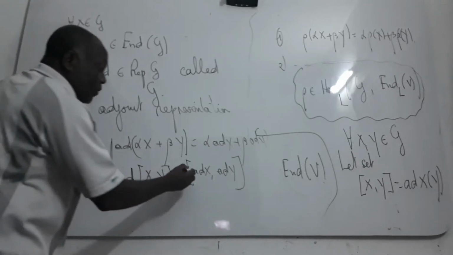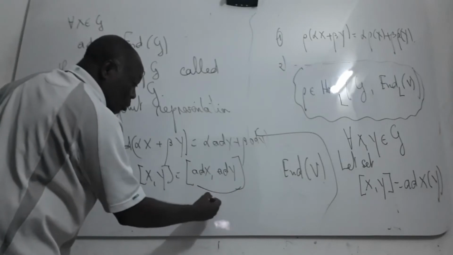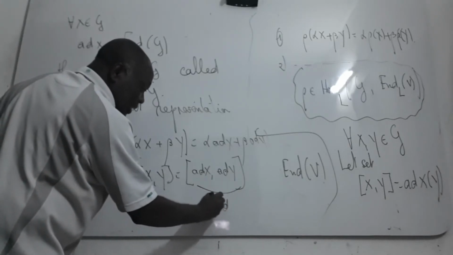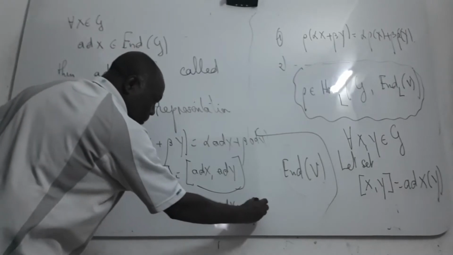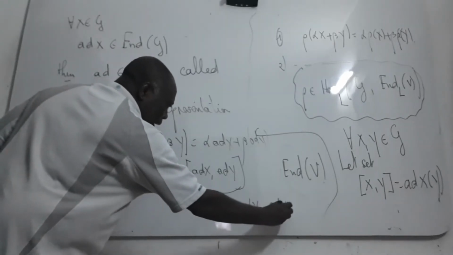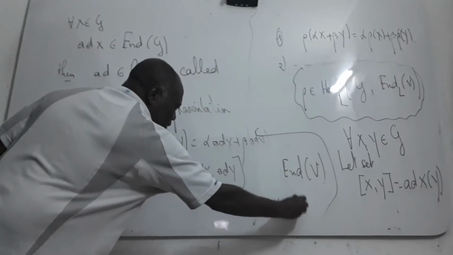Here is another morphism. The bracket here is the composition: ad of x composed with ad of y minus ad of y composed with ad of x.